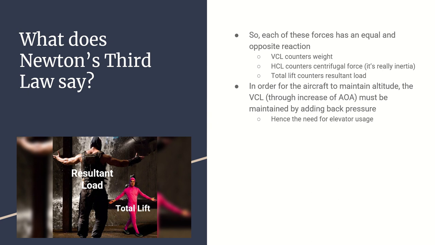If we have horizontal component of lift acting in the direction of the turn, then an equal and opposite force acting in that opposite direction is what we call centrifugal force. We just kind of give it a name, right? But really it's inertia. Think about if you make a turn to the right, then your body has that equal and opposite reaction to the left. That's inertia. I think mainly we talk about it as centrifugal force because we are making a turn, so we've got that rounded path of travel.